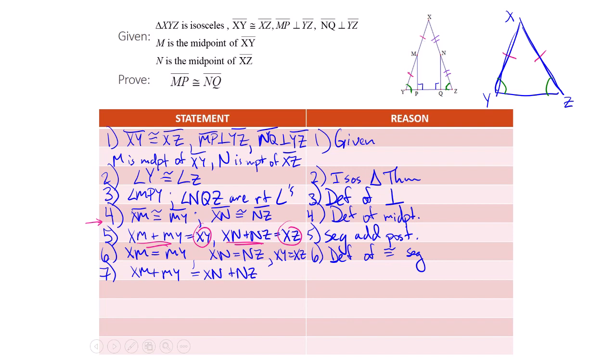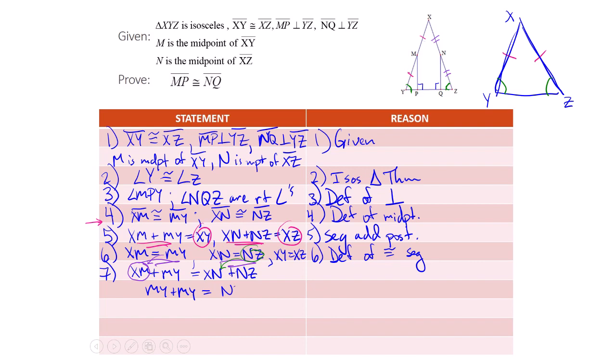All right. And since these are the same, I can substitute MY in for XM, right? Those are the same. So I can say MY plus MY equals, and then on this side, I can substitute NZ in for XN.